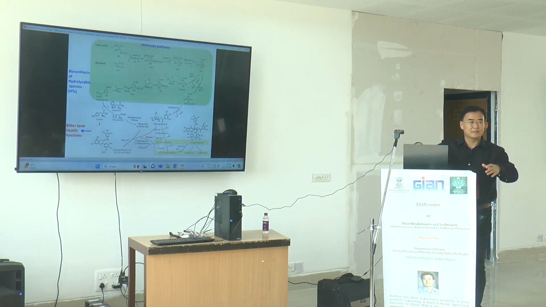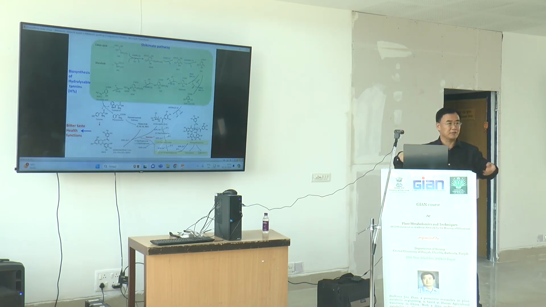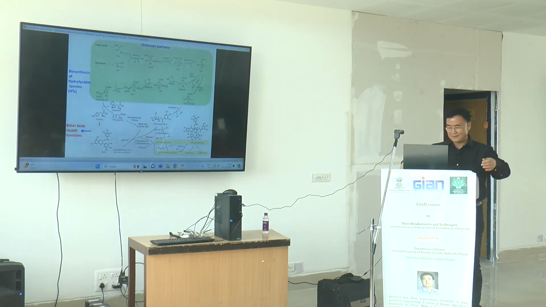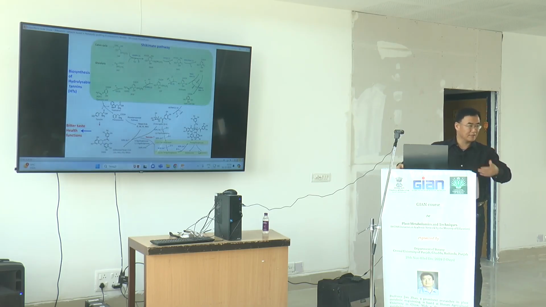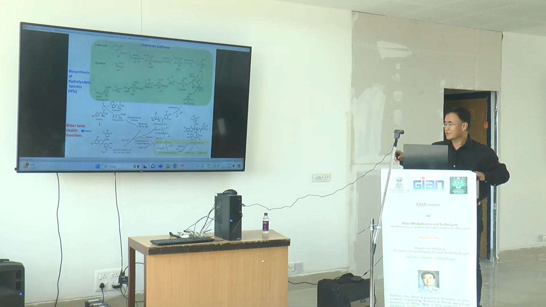Tyrosine-derived pigments in plants. The day before yesterday, we talked about the betalains. The betalain is another pigment that, I think, is exclusively accumulated in another group of plants.